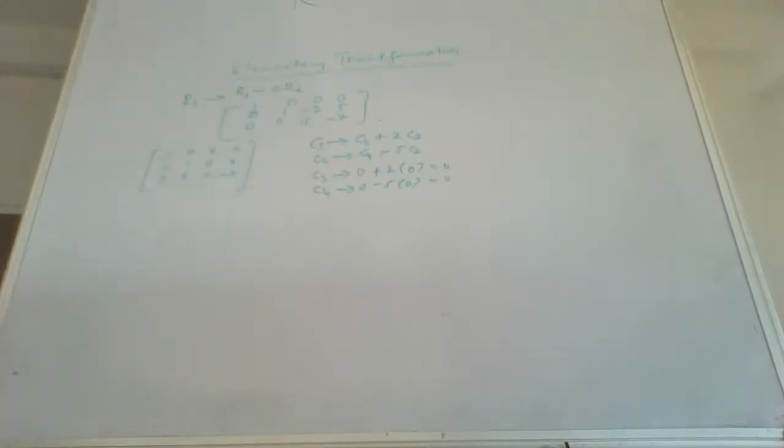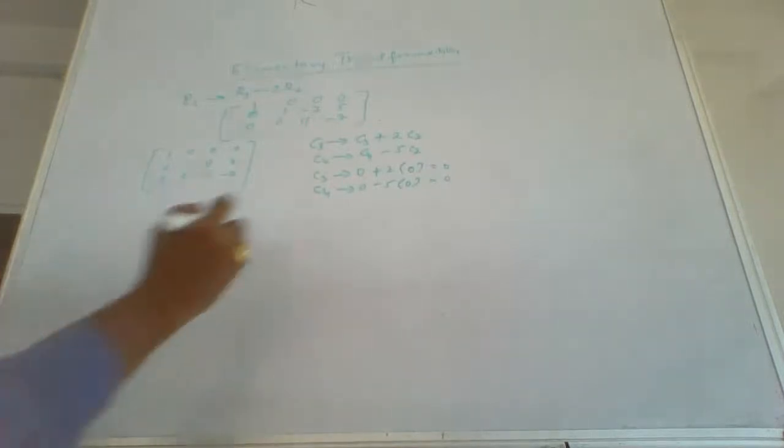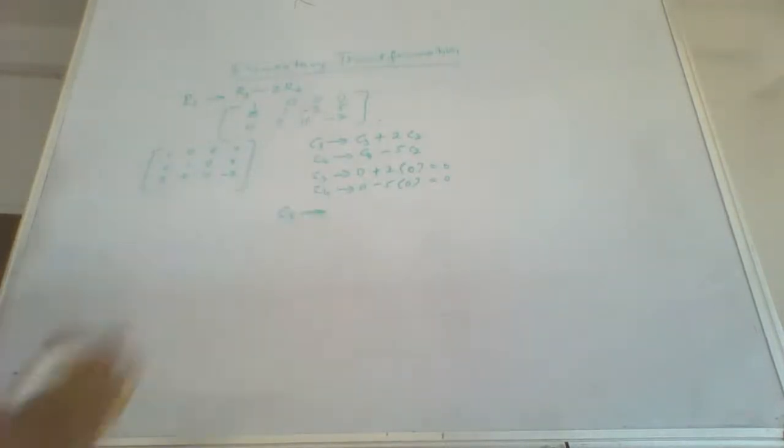So this will be the new one. Let me reduce that further by using column 3 here. Please check your answers whether it is correct or not. I hope it is correct.